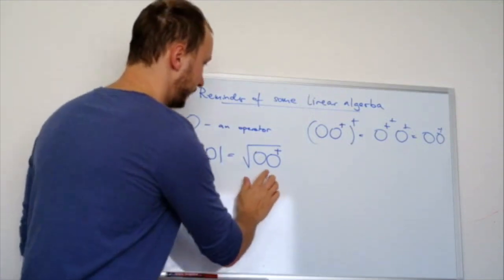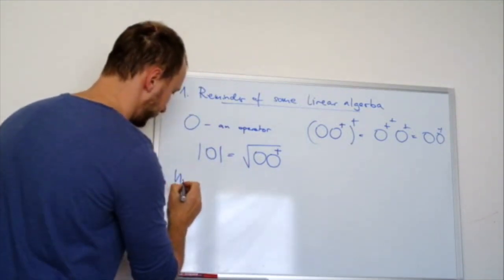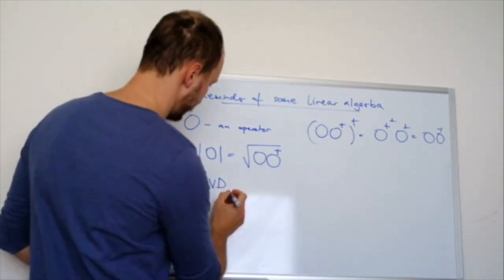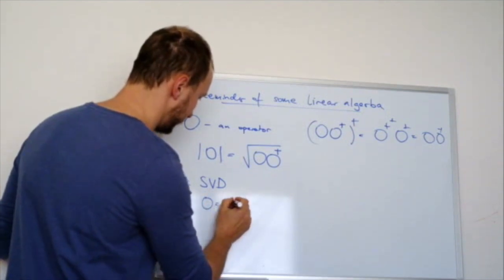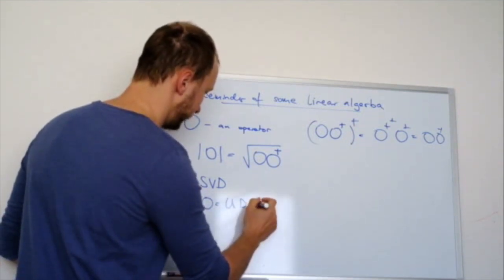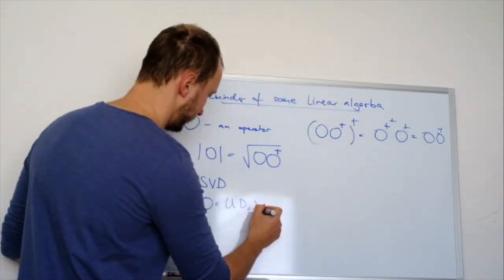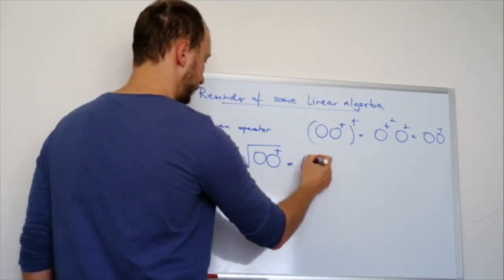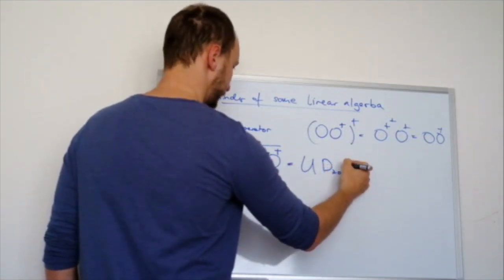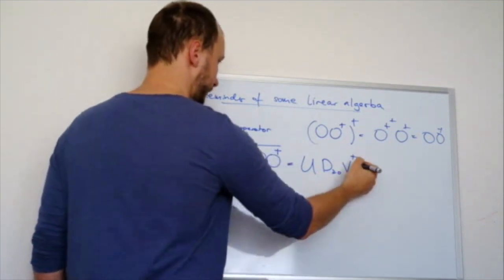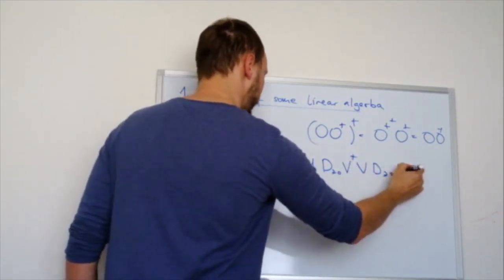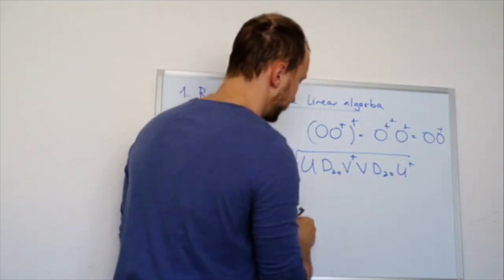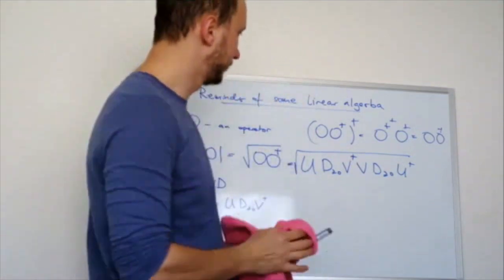In particular, if you use a singular value decomposition, remember it was writing O as U, diagonal positive D, and some other unitary V, typically with a dagger, this will become U D, then D dagger, then V dagger V, then U dagger. And as you can see, V dagger V gives identity, so we can erase this.